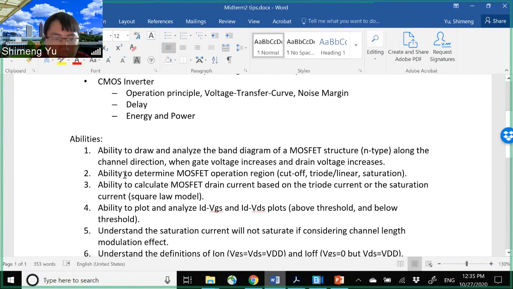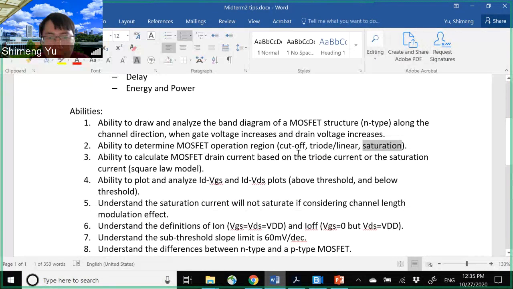And then the MOSFET operation regions. We have three regions: the cutoff, or you can call it subthreshold, and then the triode or linear, and then the saturation. So understand the definition of those three regions. For the cutoff, or subthreshold, the gate voltage is smaller than the threshold voltage.